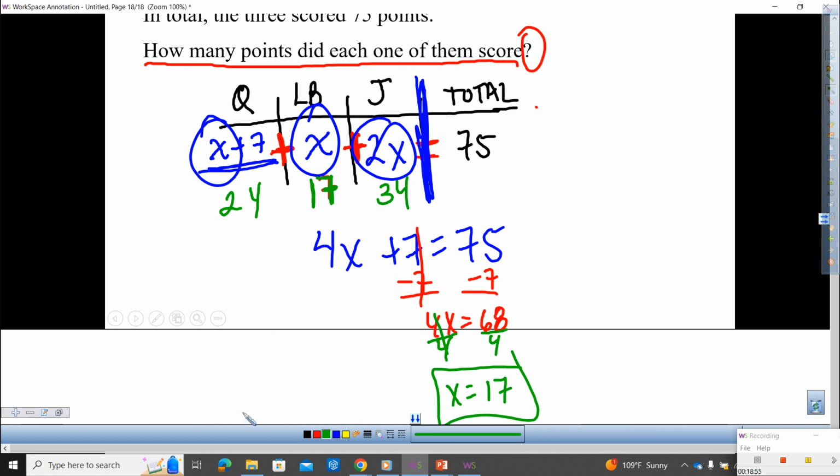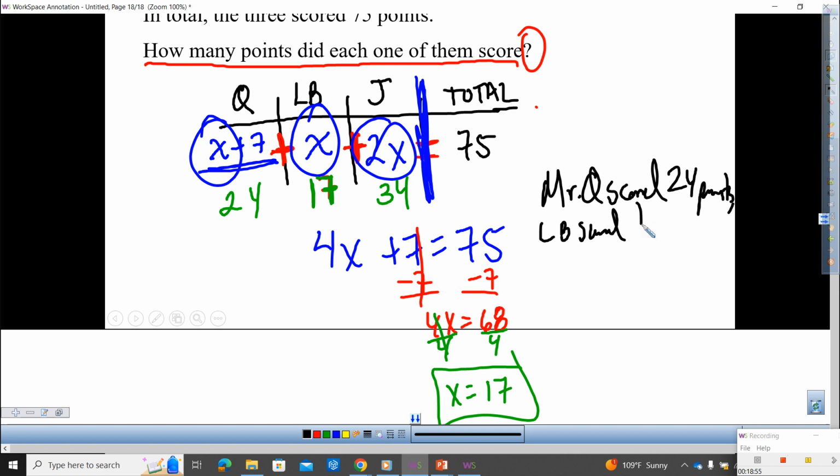All right, so let's write a statement. Whenever you have a word problem, you have a question, you need to write a statement. So you just write, Mr. Q scored 24 points, comma, LeBron scored 17 points, comma, and Jordan scored 34 points, period.